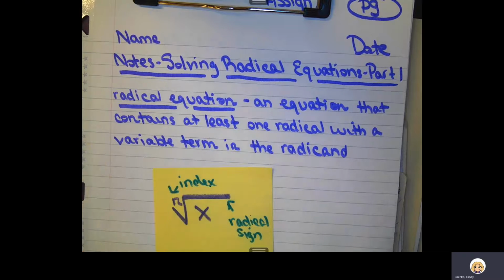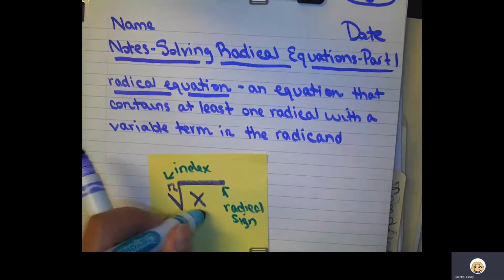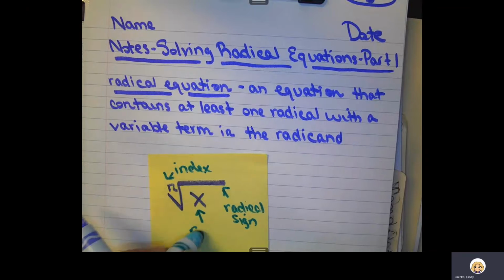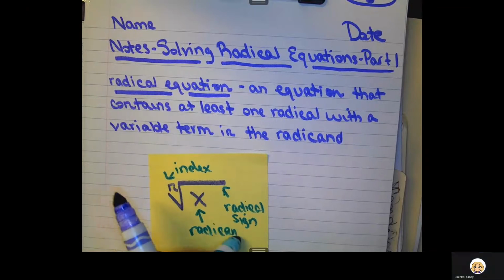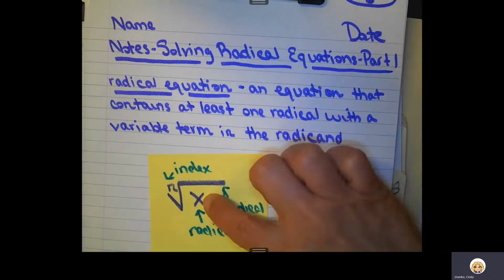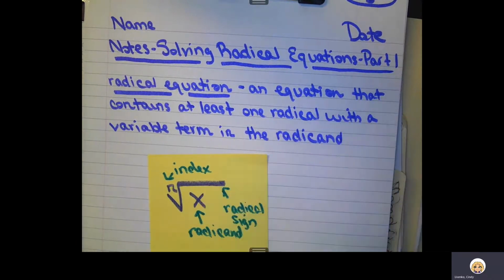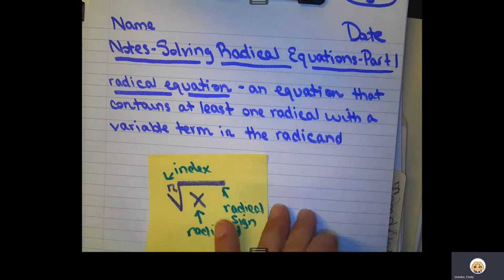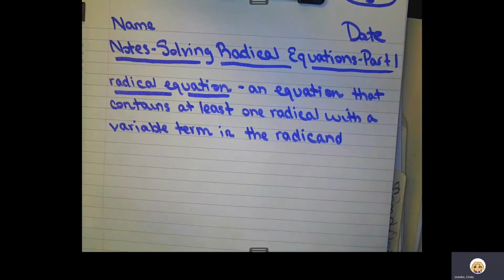It could be the square root for a 2, or the cubed root, there could be a 3 there. This x, this thing underneath the radical, that's called your radicand. So it is a radical equation if you have a letter underneath your radical sign, if you have an x in your radicand.